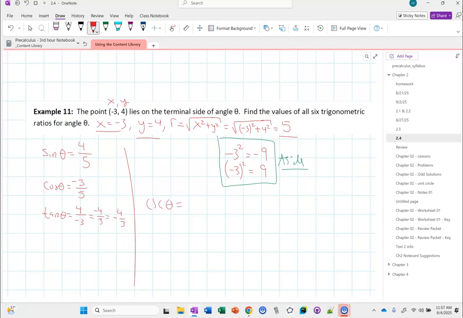Cosecant theta then will be 5/4. And secant theta will be 5/3. Good. And cotangent theta will be... no big deal on this, right?